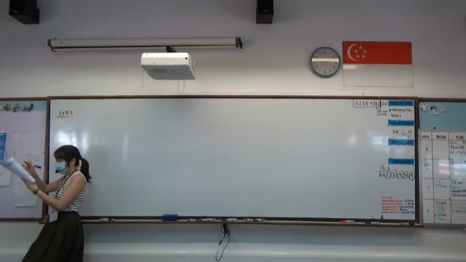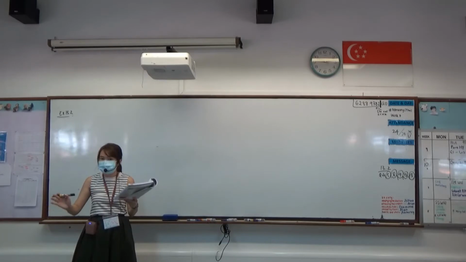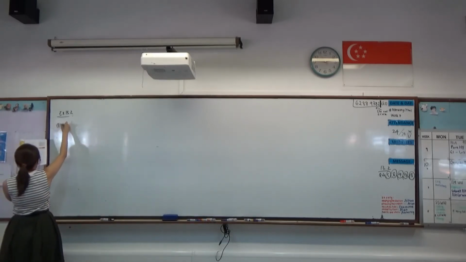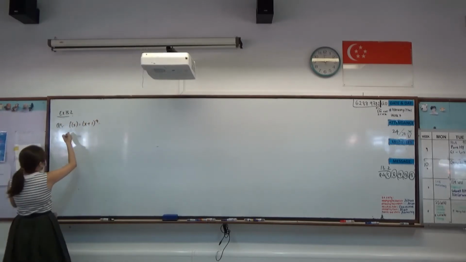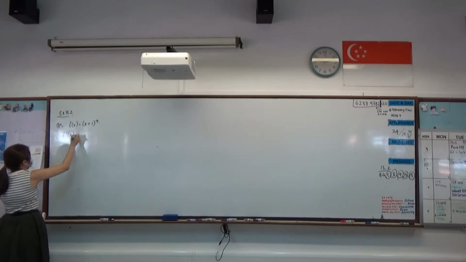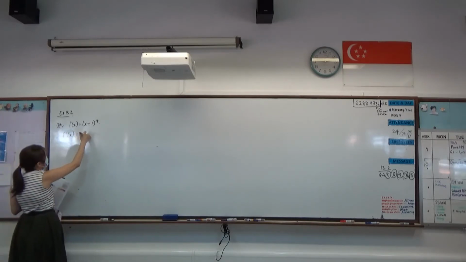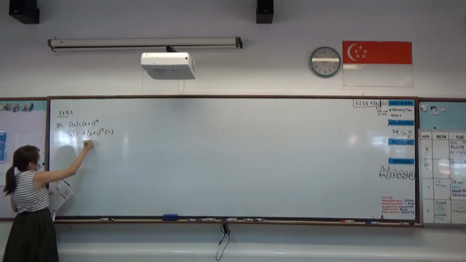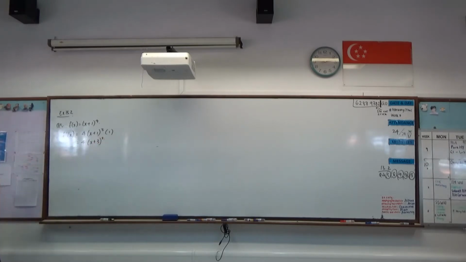Question 5. I believe if I do increasing, that means you all can do decreasing, right? Okay, so f(x) is given to be this. So the differentiation of it will be 4(x+1) to the power of 3 times 1, which will be 4(x+1) cubed.